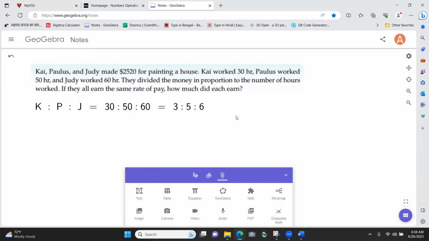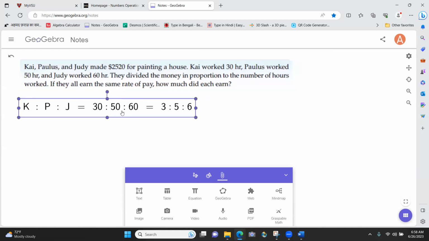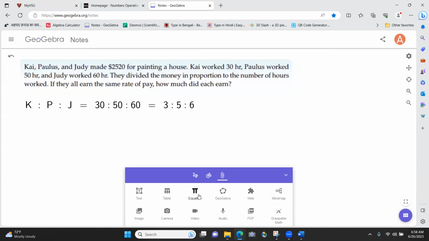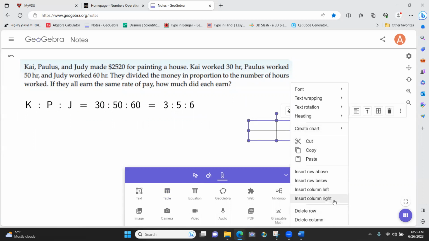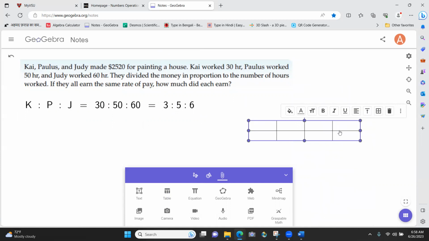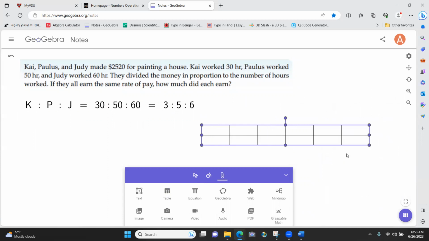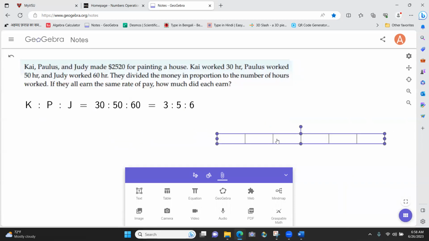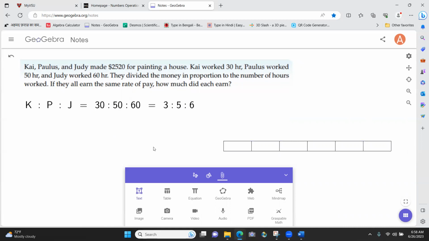Now, I'm going to make a nice little table. Remember bar diagram? Your book emphasizes bar diagram, so I'm going to use it. So this is for J. J is Judy. Judy gets 6 parts. Paulus gets 5 parts of the money.